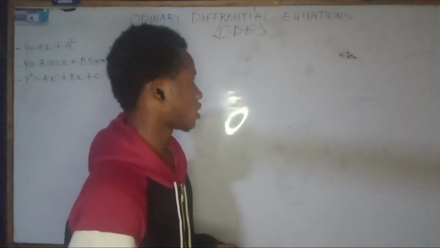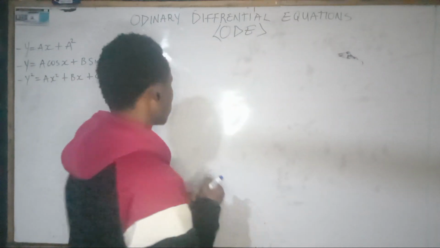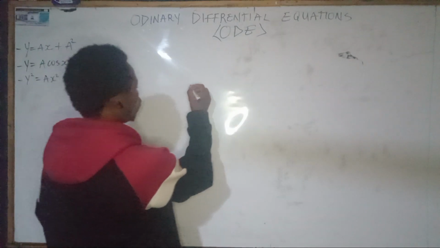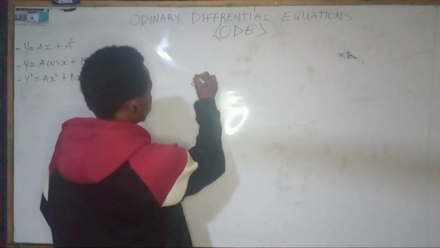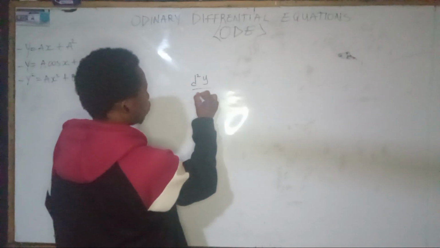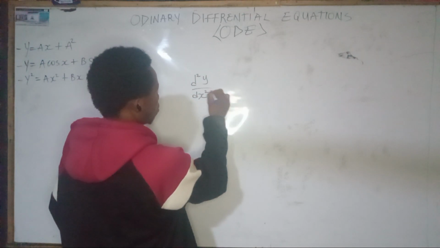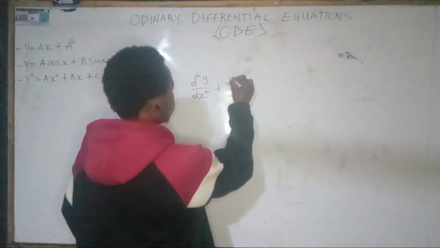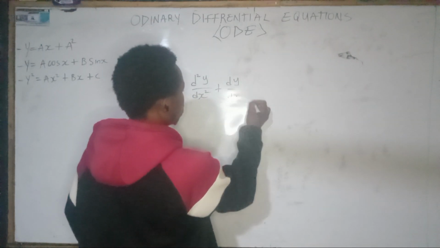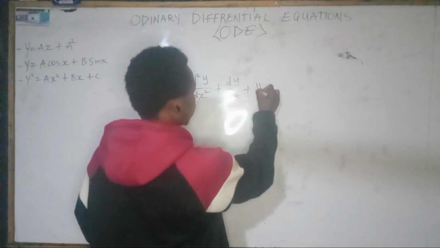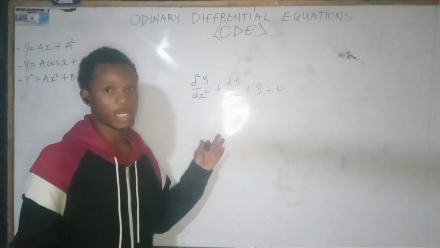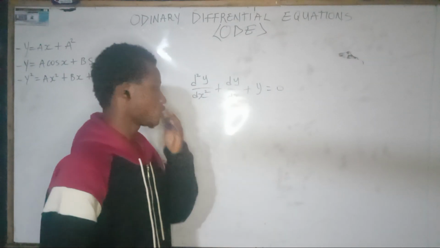So let's say we have a differential equation that goes something like d²y/dx² + dy/dx + y = 0. Something like that. This is a differential equation.